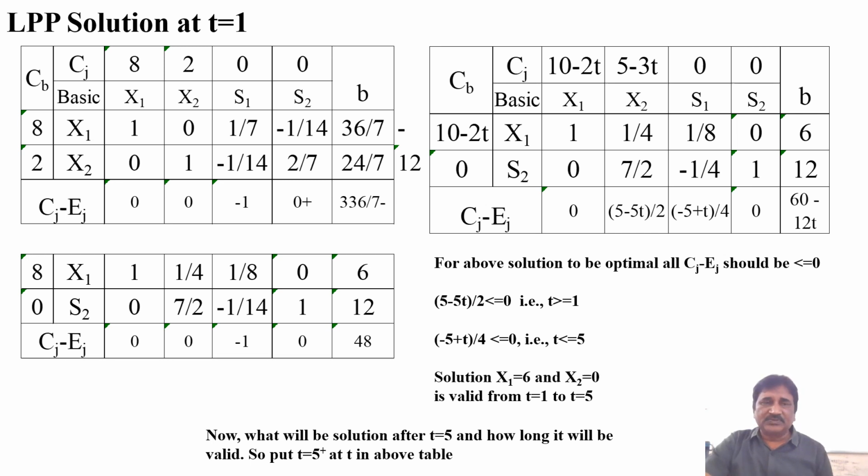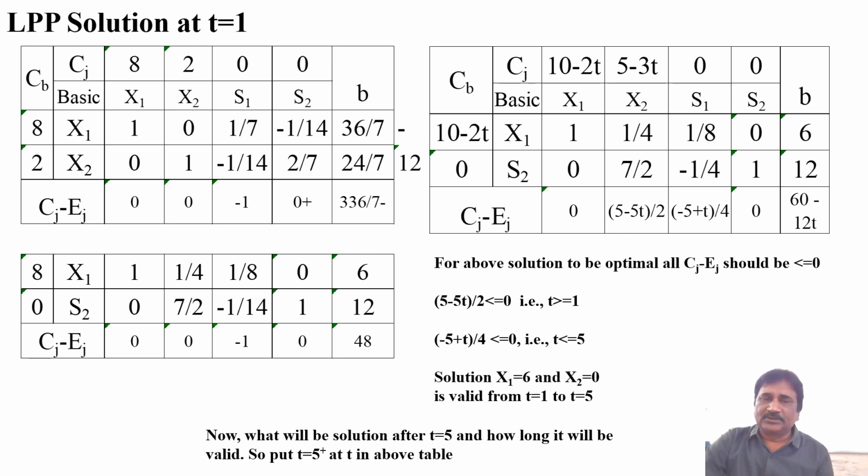For S1, let's find it. 0 minus 8 by 7 minus 2 by 14, that is 1 by 7, okay, 7 by 7. So 0 minus 1, that is minus 1, and here it comes 0, but I am not writing it as 0. I am writing it as 0 plus, because a little increment in the value of t will make this positive.